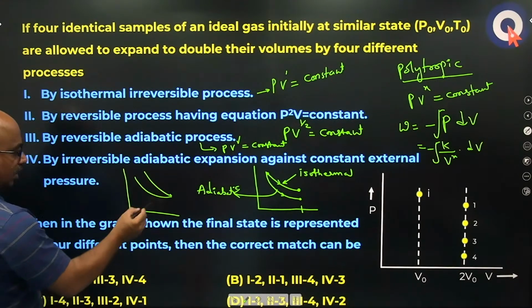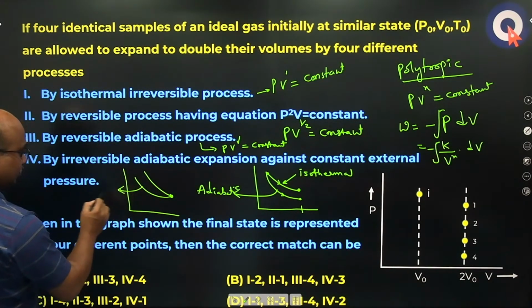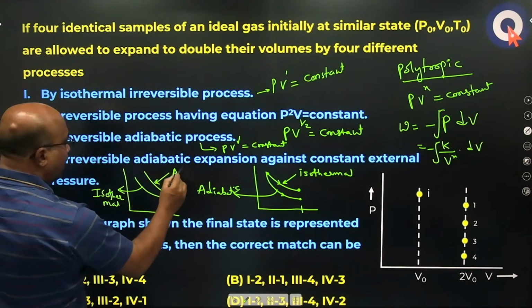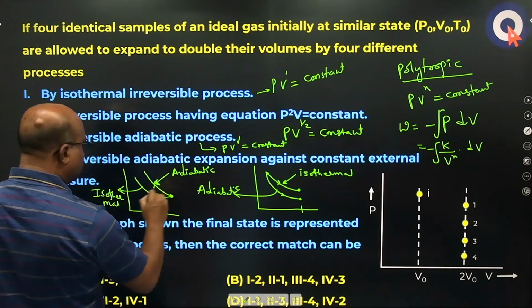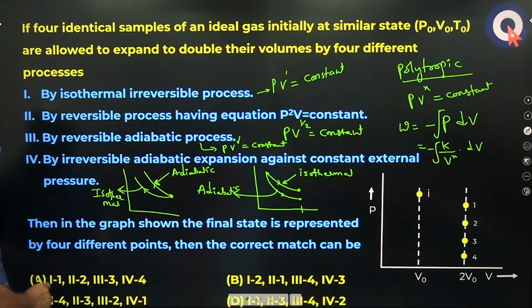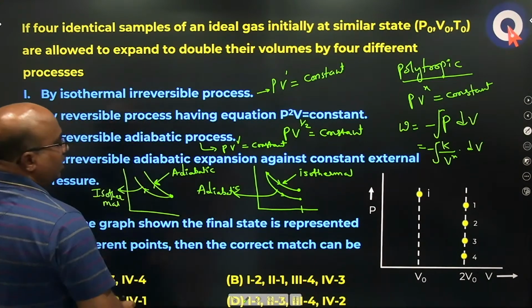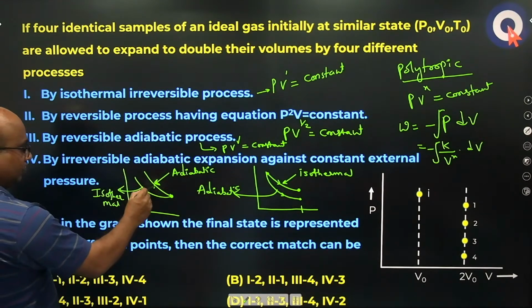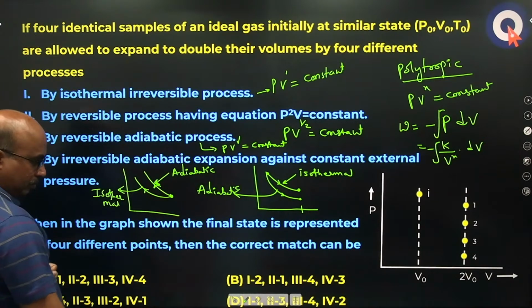What we already saw in the previous case, this was isothermal reversible. This is adiabatic reversible. For compressions, the reverse case will be there. So as the value of X is increasing, the curves become steeper. Clear?